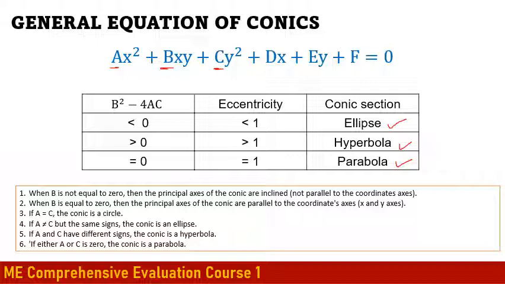Meaning one of x squared and y squared is 0, it does not exist, then the conic would become a parabola. So if a is equal to c, we have a circle. If a is not equal to c, with the same sign, it will be an ellipse. If a and c have different signs, then the conic is a hyperbola. If either a or c is 0, then the conic is a parabola.